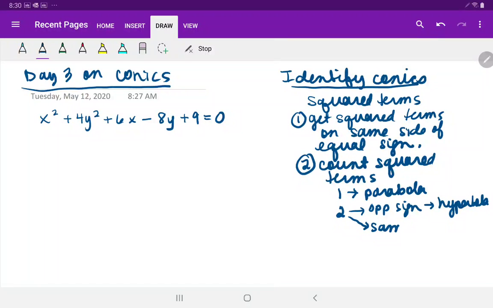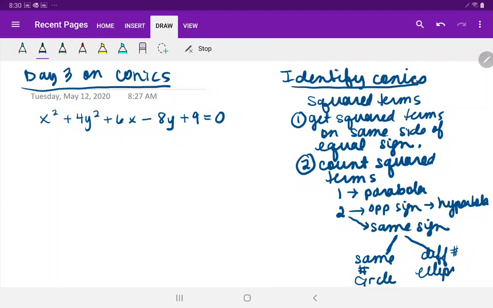And if it has the same sign, then you have to see if it's a perfect circle or an ellipse. So if there's the same sign and the same number, everything's the same, it makes it a circle. And if it has the same sign but a different number, then it's an ellipse.